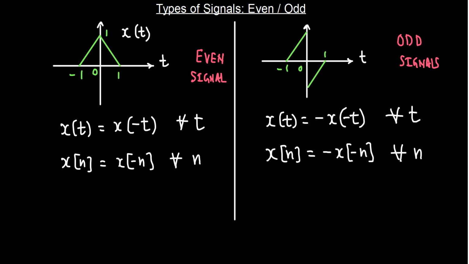Even and odd signals are having one special property.